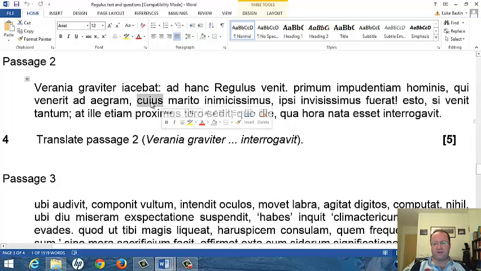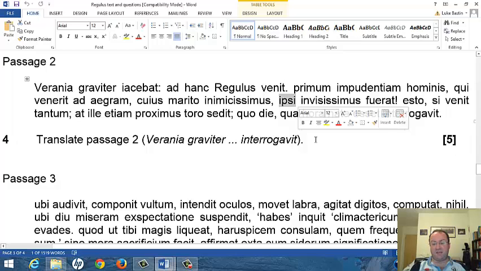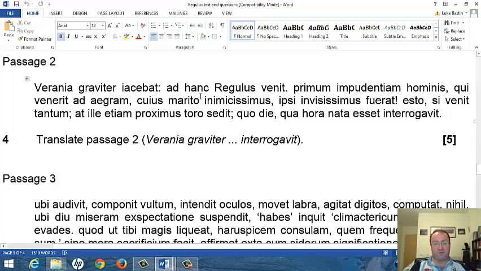So what I'm going to tell you here is it's feminine because it's talking about Verania's husband. So just be aware of that. And that's the word for husband, marito. And then ipsi is the dative of ipse. So the dative singular of ipse. That is also feminine. It can be any gender grammatically, but here it's feminine because again it is referring to Verania.